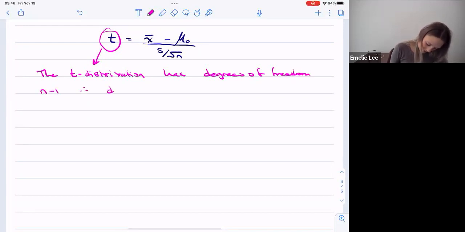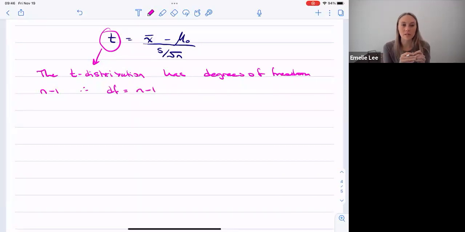So df is n-1 in the one sample case. The degrees of freedom, how we find it, just like the chi-squared test, is going to depend on the type of question that we have, right? But for now, let's talk about the t distribution with my little bit of time remaining here.